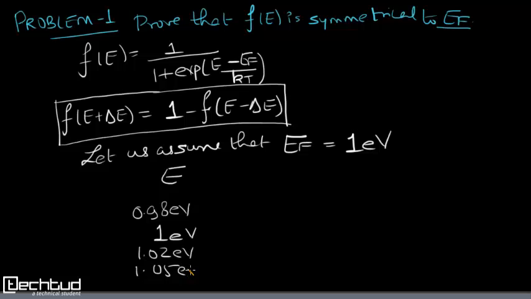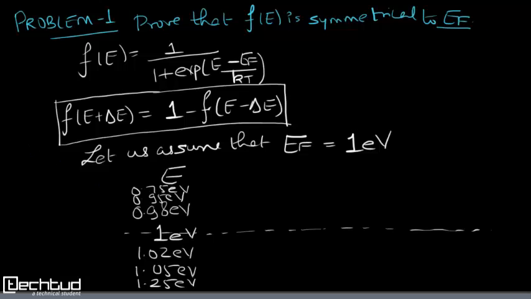Suppose 1.05 electron volt, so the other will be 0.95 electron volt, and suppose this is 1.25 electron volt, and this is 0.75 electron volt. In this way, it is symmetrical with respect to 1 electron volt.